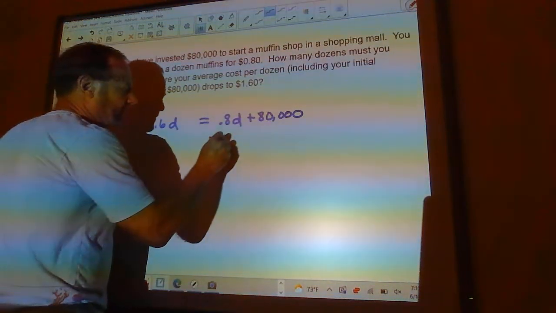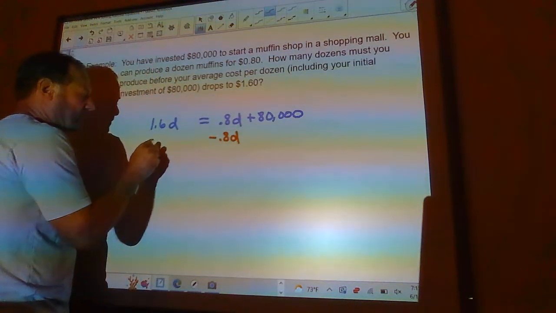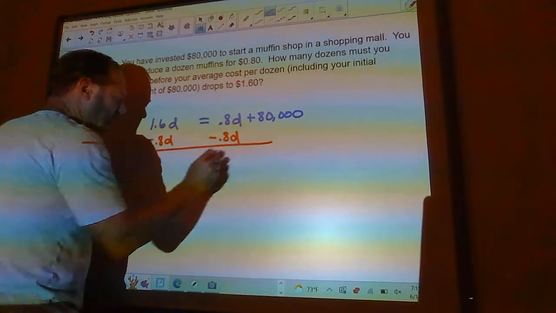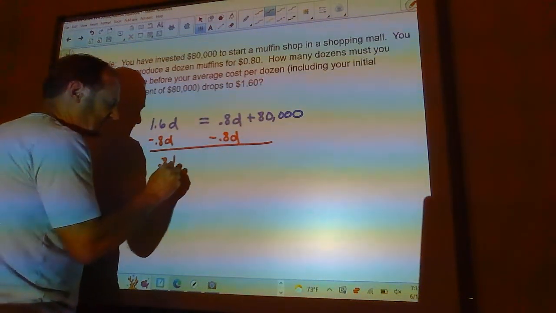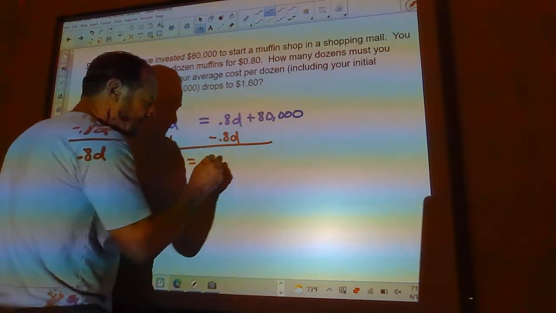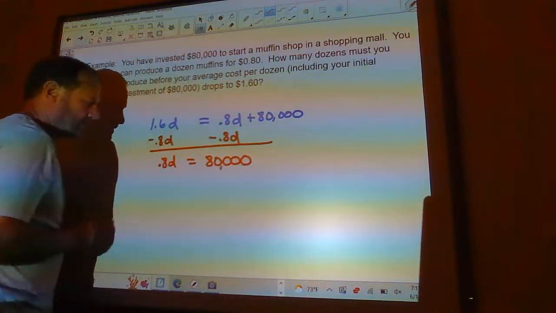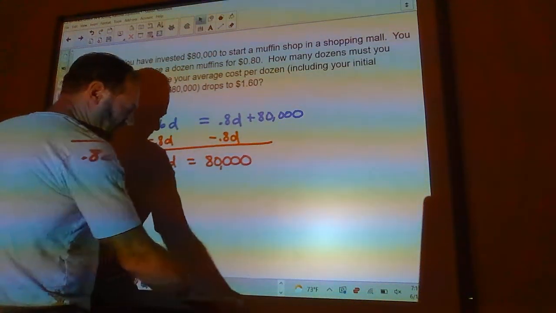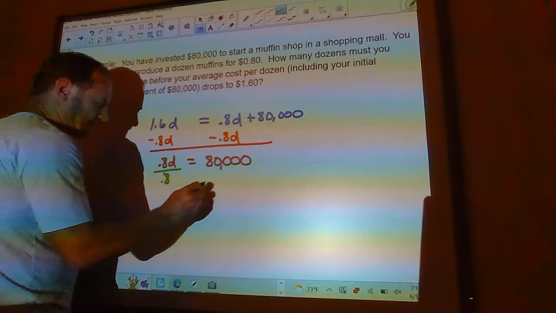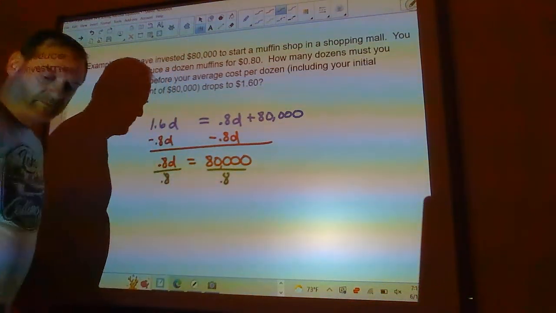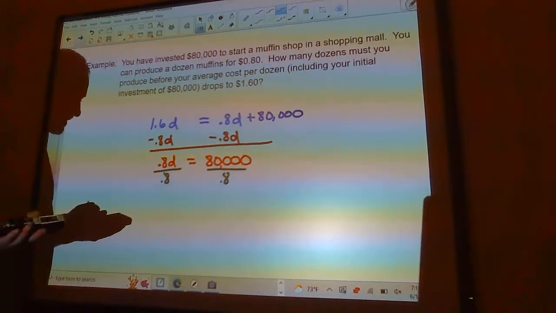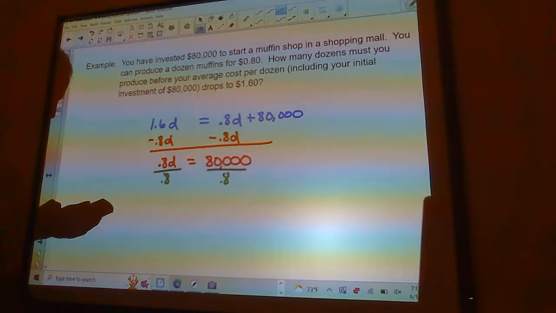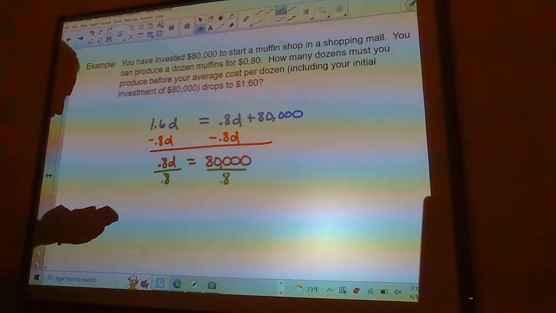This is a pretty easy one to solve. I subtract 0.8D from both sides, and I get 0.8D equals 80,000. And then I'm going to go ahead and divide by 0.8. I'll get out my handy dandy TI-84 Plus C Silver Edition graphing calculator just to be sure.